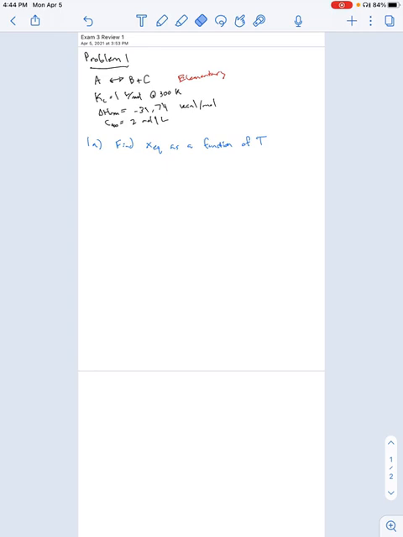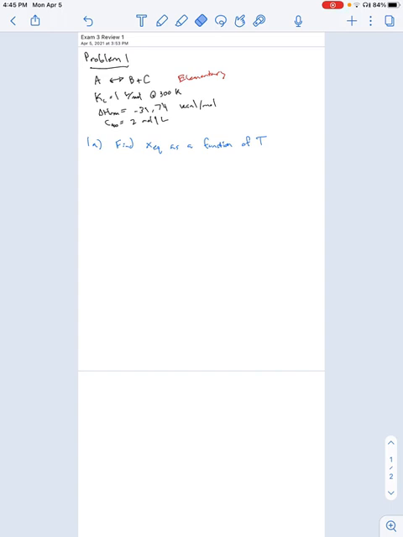So for this first problem, it's a reversible reaction, A goes to B and C. It gives you the equilibrium constant, the enthalpy of reaction, and the Ca naught. It's pure A that's fed. It's also elementary.